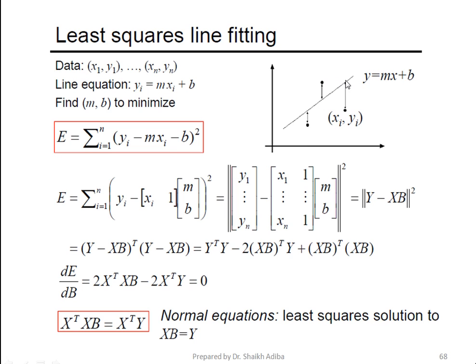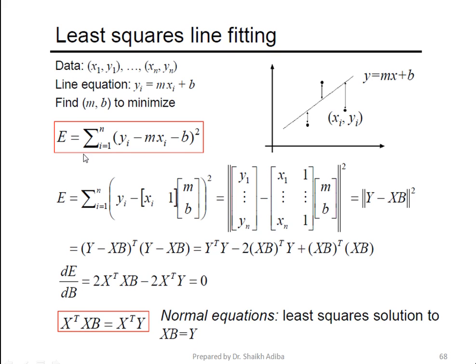Now here we are trying to find a line that gives us the minimum difference of this distance. We have this equation, E = summation i = 1 to n, as many data points as we have, (yi - mxi - b) whole square.